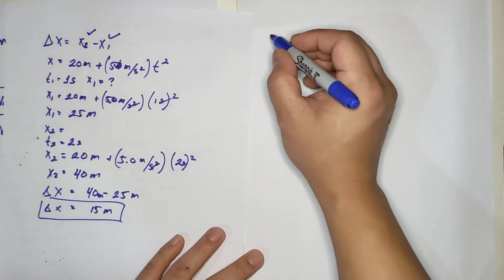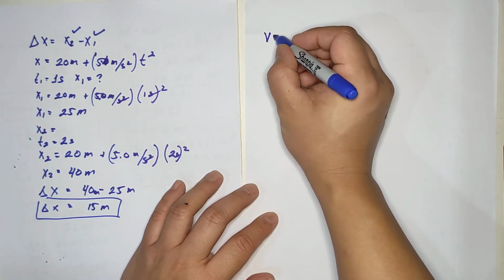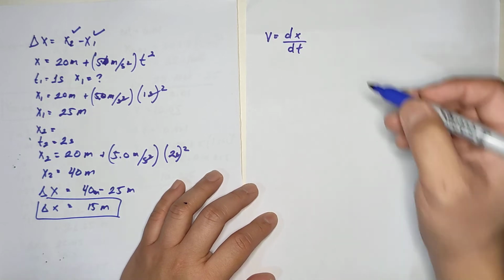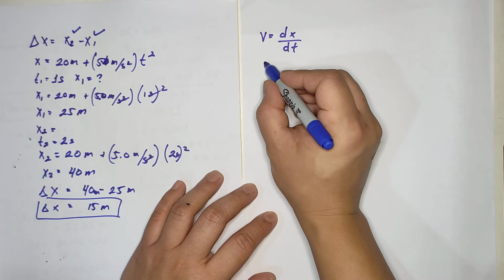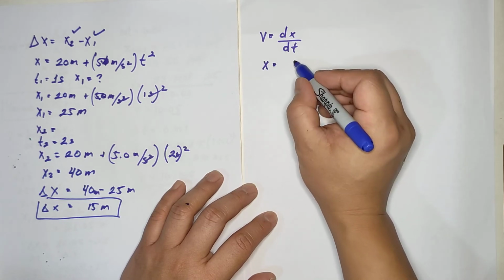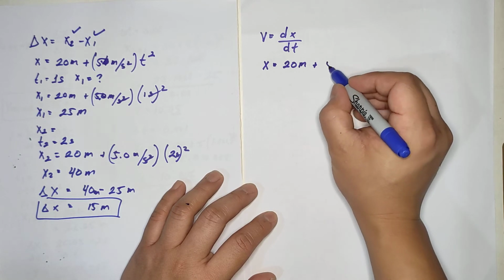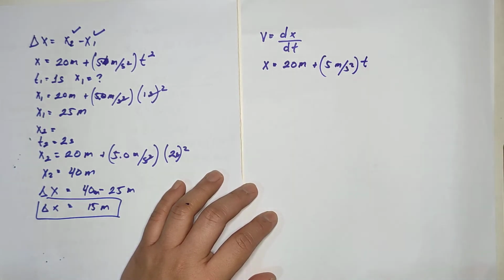So the instantaneous velocity, as we have learned, is v equals dx over dt. Now you have the equation x, that is 20 meters plus 5 meters per second squared times t squared.